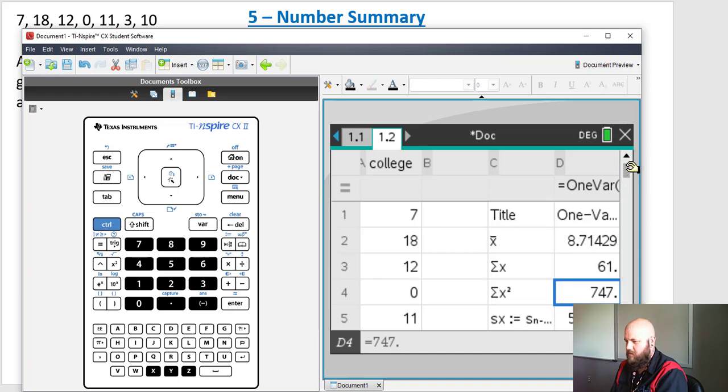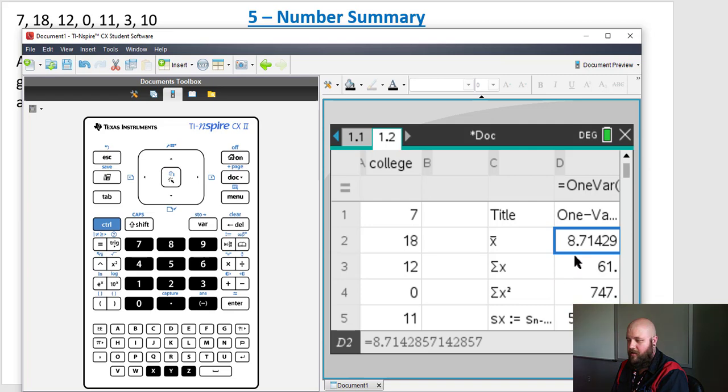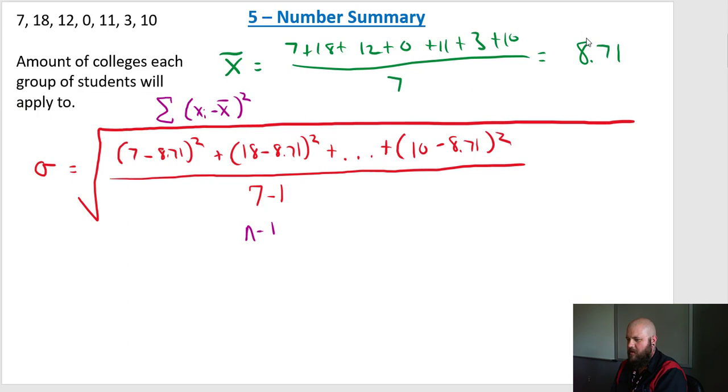And there we go. Let's scroll to the top. So our X bar, our mean that we calculated, was 8.71, which is what they got. And the standard deviation would come out to 5.99 for those calculations.